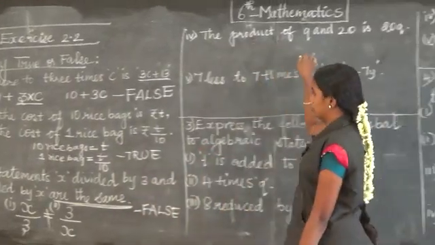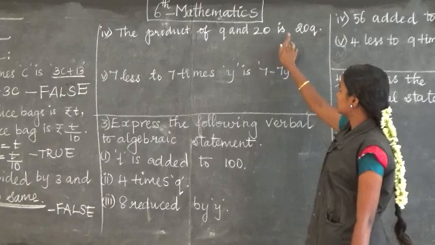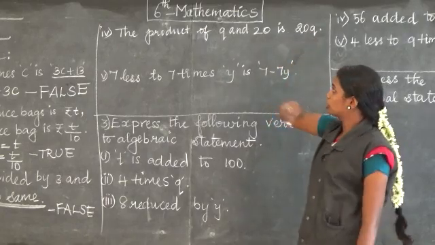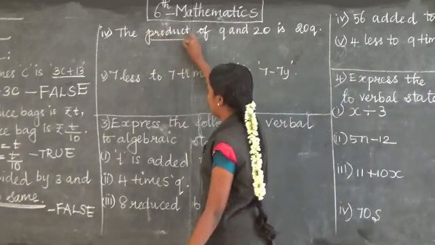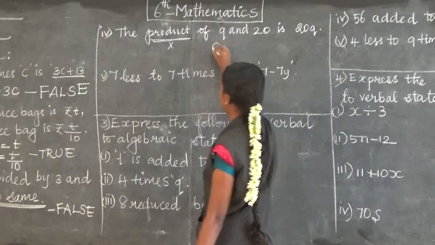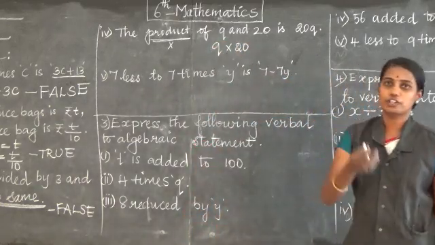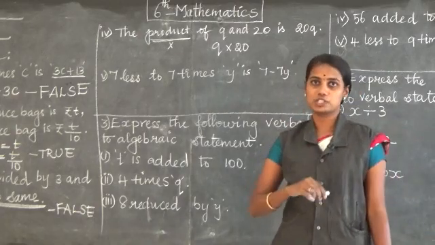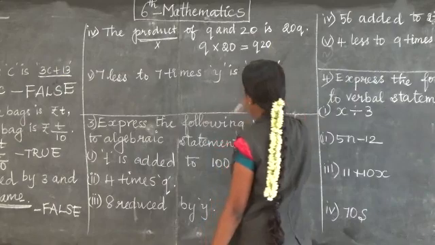Next, fourth option. The product of Q and 20 is 20Q. Product means which sign? Multiply. Okay, product of Q and 20, so Q into 20. I told you before, even the multiplication sign is not a must to mention. So you can write this as Q20.